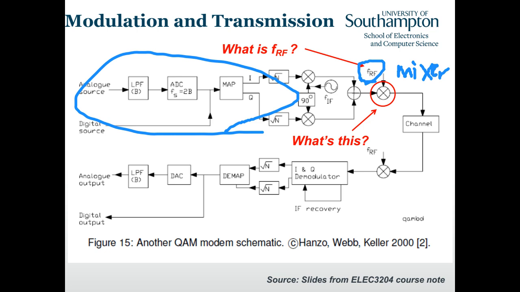Basically, this mixes the baseband signal with an RF signal, so that the signal will be transmitted at a higher frequency band, which is defined by FRF. FRF is also called the carrier frequency, which kind of carries the signal. It's a higher frequency band. And then at the receiver, we do down conversion back to baseband, and then we do the symmetric signal processing, and then get the information.